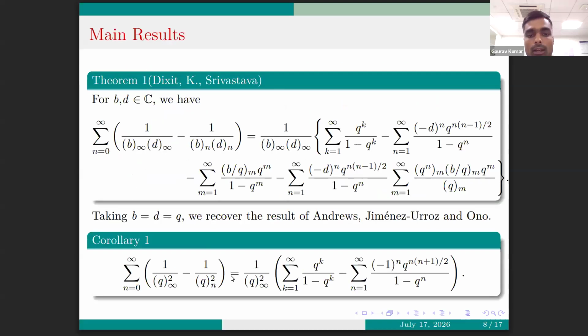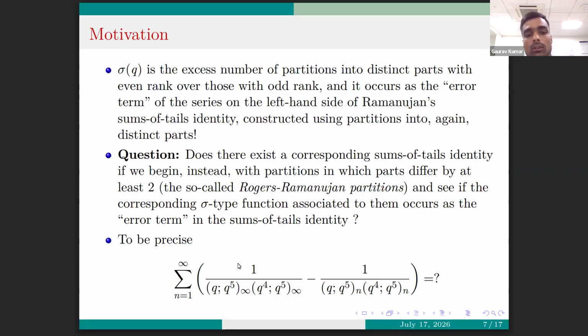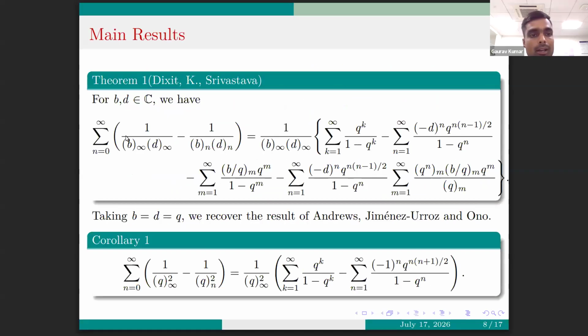So we try to obtain a theorem for arbitrary b and d, and then we take q as q raised to 5 and take b and d as q and q raised to 4.